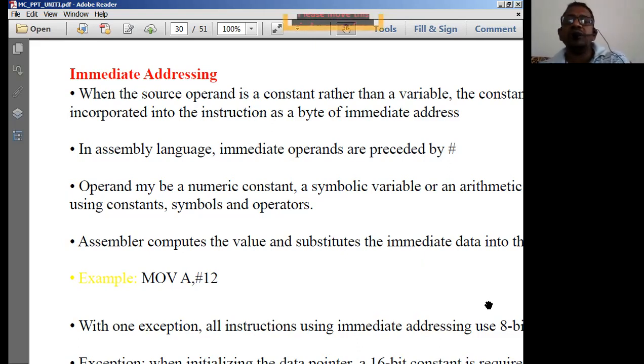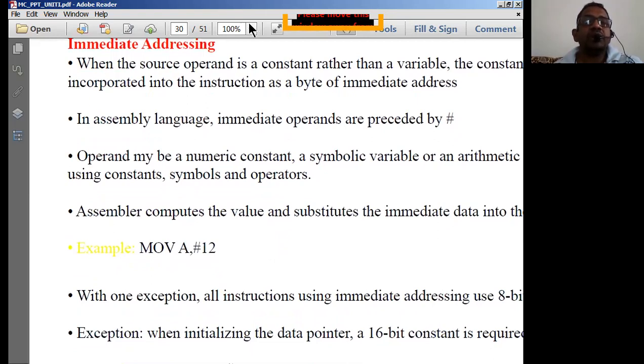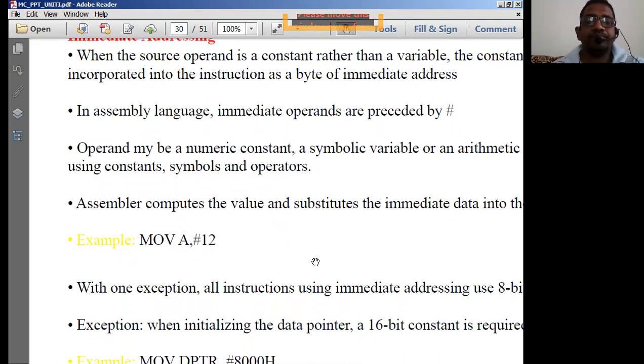In immediate addressing mode, we directly access the data. That means this 12 is the data itself, and it is moved into A because of the hash symbol. So we represent immediate addressing mode by using the hash symbol. It tells that the data is moving directly into the accumulator.